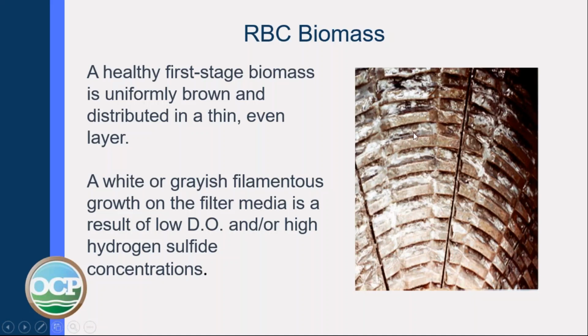That's typically a result of low DO and or high hydrogen sulfide concentrations. So if you see that forming, you do not have enough DO in your water, or you've got high concentrations of hydrogen sulfide where your water is going septic.